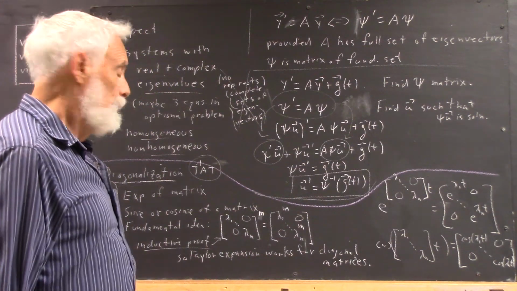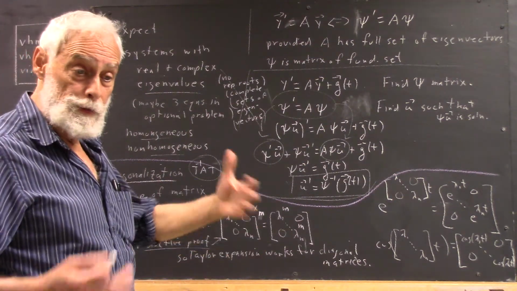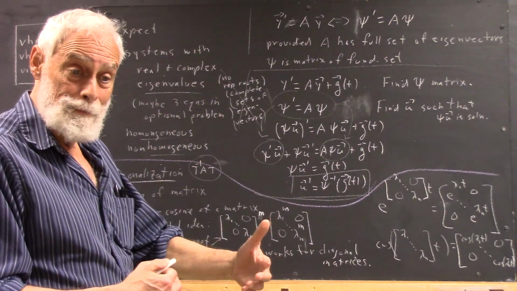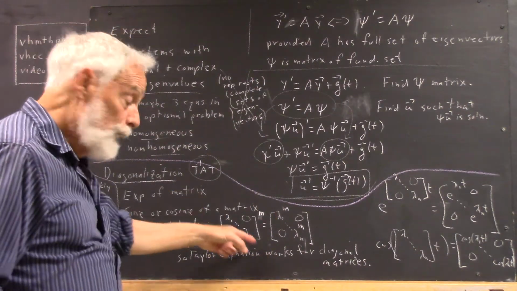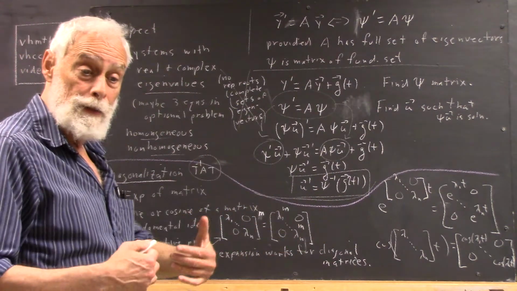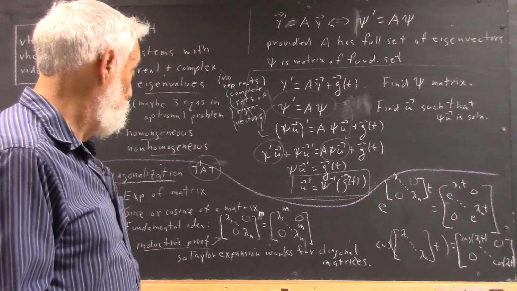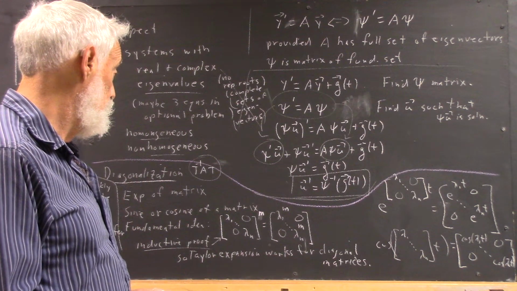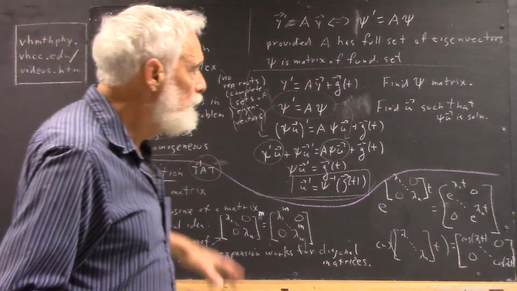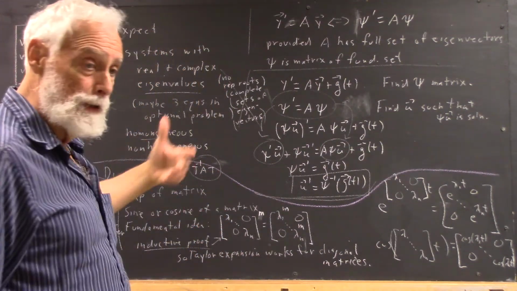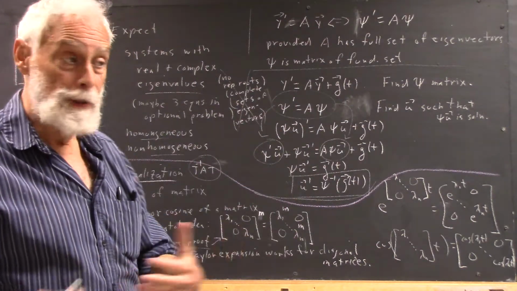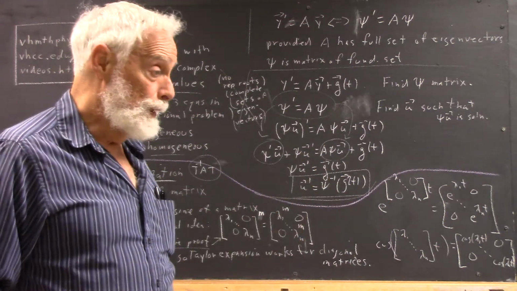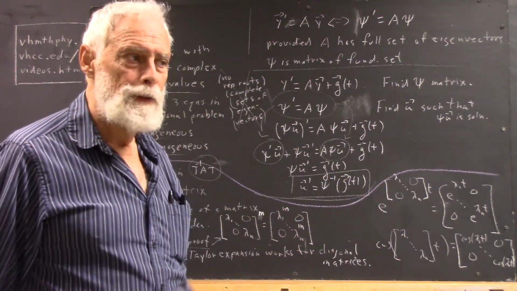What you're doing is transforming your system to the basis of your eigenvectors, and in that basis your system is diagonal, and then you're pulling it back to the original system. So you need to basically understand that, because understanding that process and what it means in terms of the basis of the two different systems is your key to always being able to do this without a lot of gyrations.